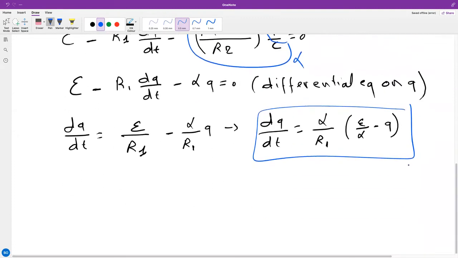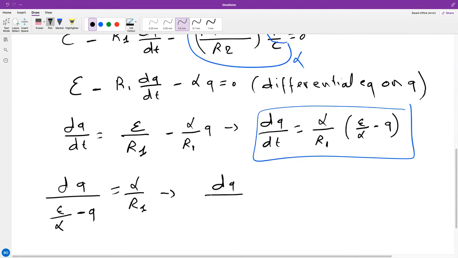So what I can do here is put dq over (E over alpha minus Q) equal to alpha over R1 dt, which I can also write as dq over (Q minus E over alpha) equal to minus alpha over R1 dt.